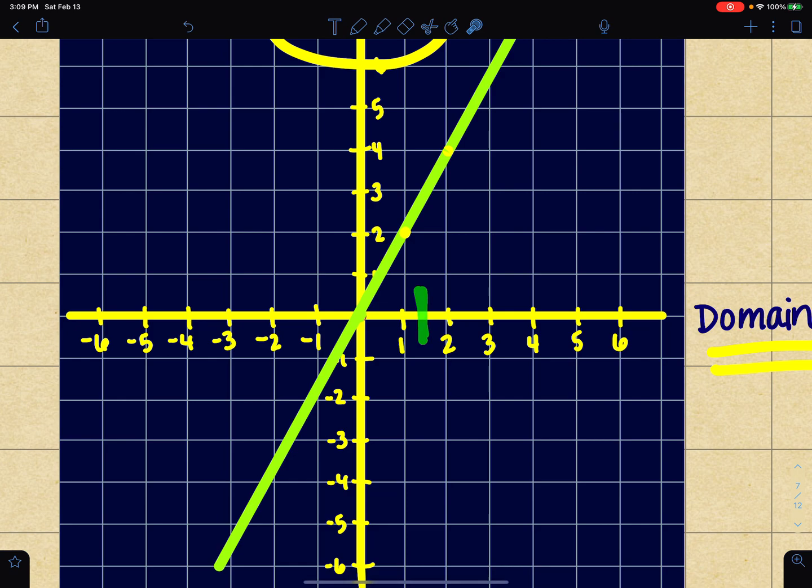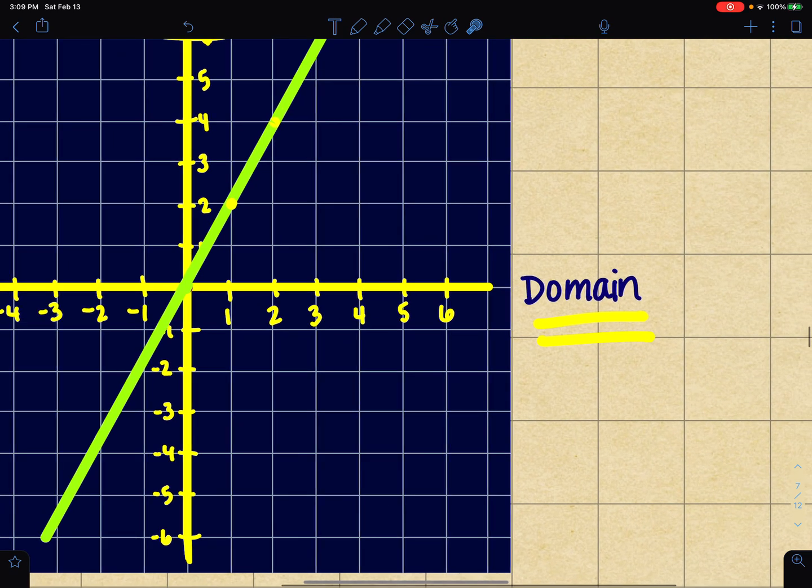It could be a fraction and I would get some sort of y. I would get a very specific y. So it could be like 3.5 and I would get a y that's right up there. Okay, so the domain is going to be all real numbers.